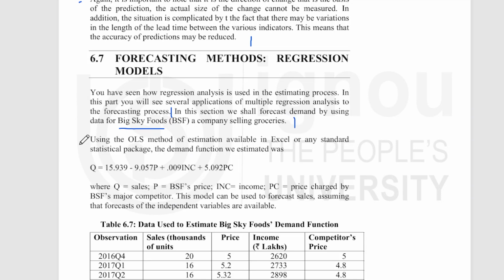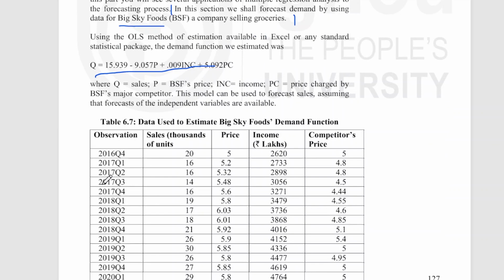Using an OLS method of estimation available in Excel or any standard statistical package, the demand function we estimated was like this. Okay, so this is the equation. Q is sales, P is BSF's price, INC is income, and PC is the price charged by BSF's major competitors.